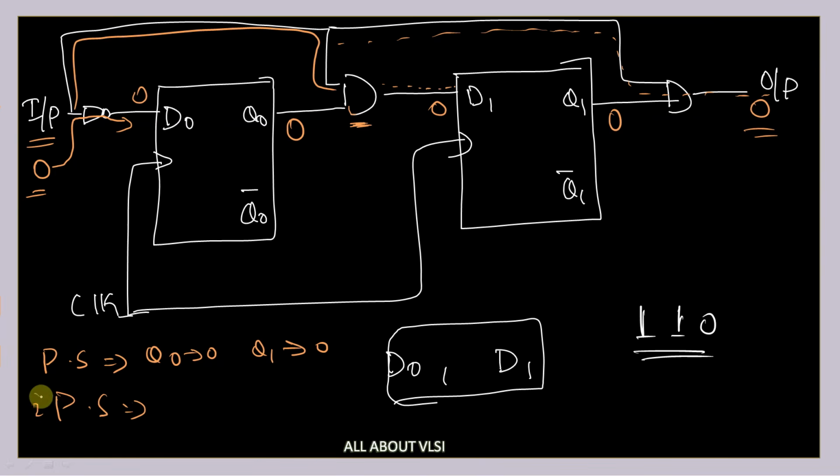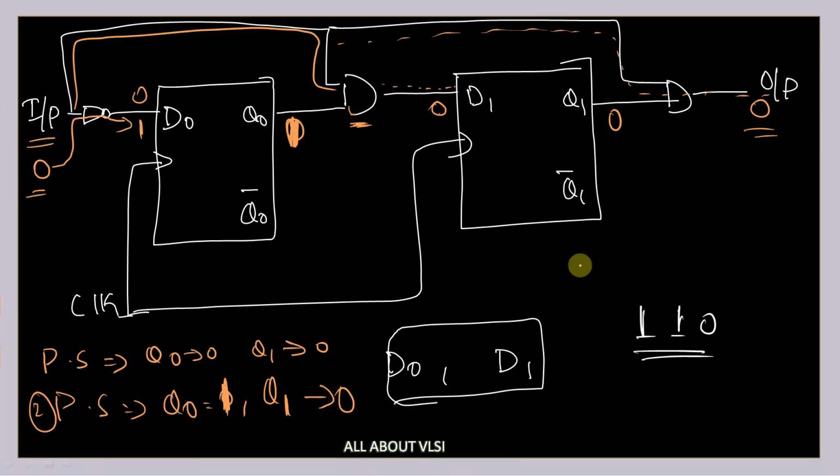At the second edge of the clock, you get Q0 equal to 1 because it is a NOT gate, and Q1 is still equal to 0. So at the second edge of the clock this value is updated, but this value has not been updated.